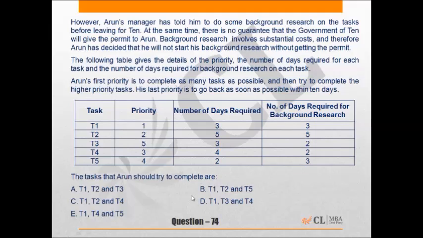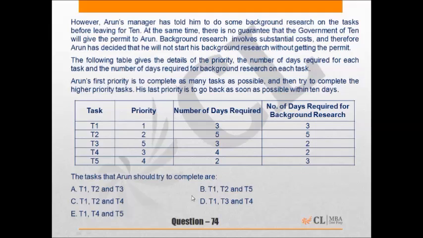Coming to the next question, here he has got instruction from his superiors to do some background work on the task that he is supposed to do in country 10, but he is not sure whether he would get the permit or not.